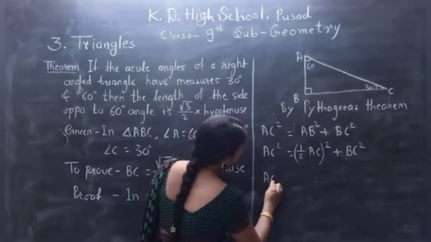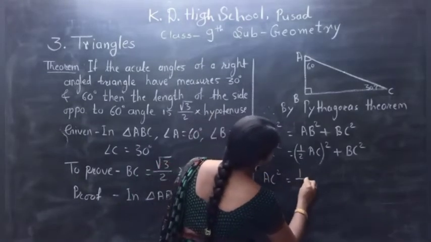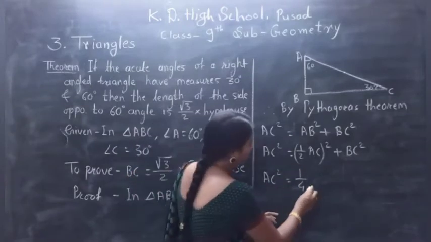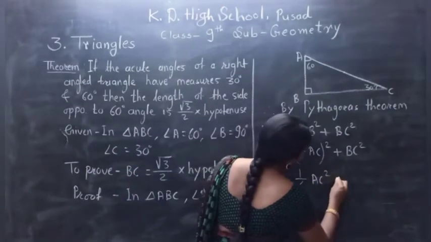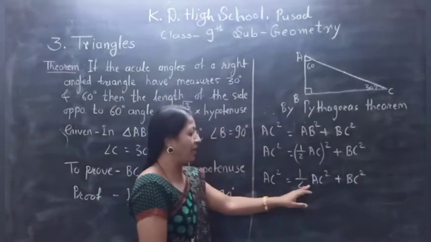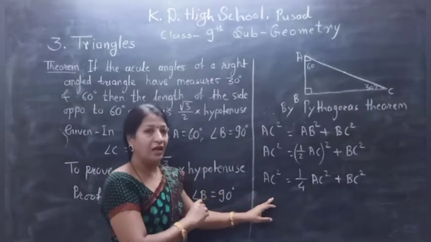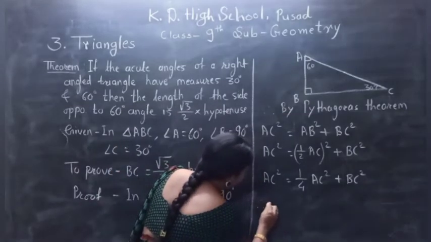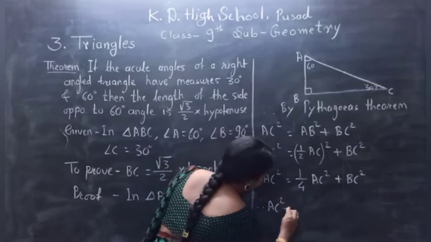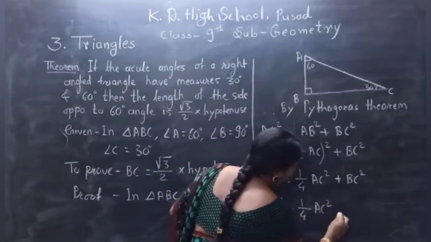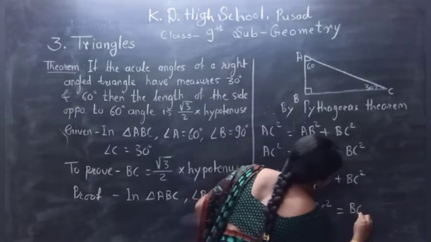AC square is equal to 1 by 4 AC square plus BC square, since the square of 1 is 1 and the square of 2 is 4. Now transfer this 1 by 4 AC square towards the left hand side. We get BC square. Therefore AC square minus 1 by 4 AC square is equal to BC square.